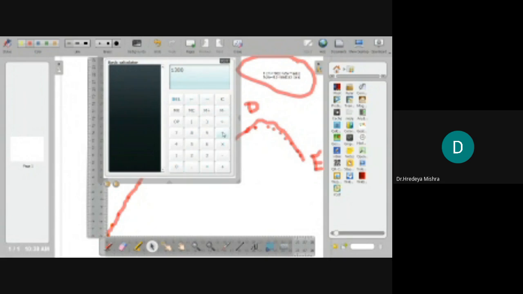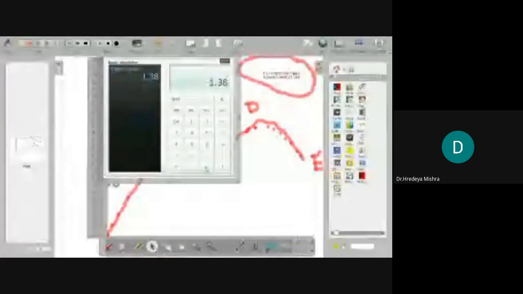We just divide by 1000 and get the value 1.38 centimeter. So similarly, for whatever value is given here, we just calculate this value divided by 1000.